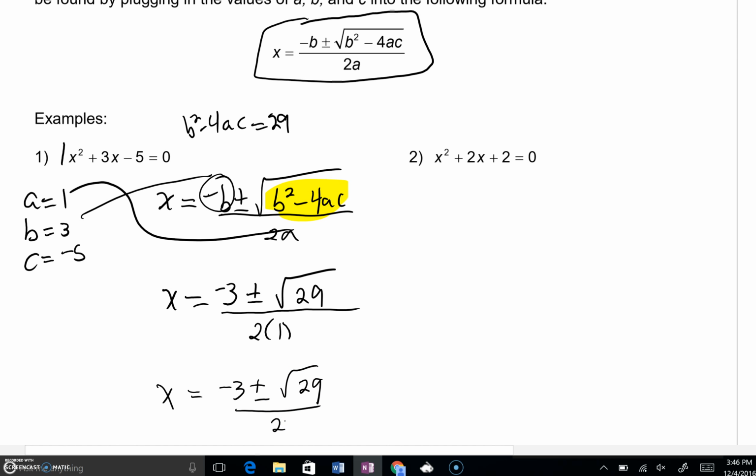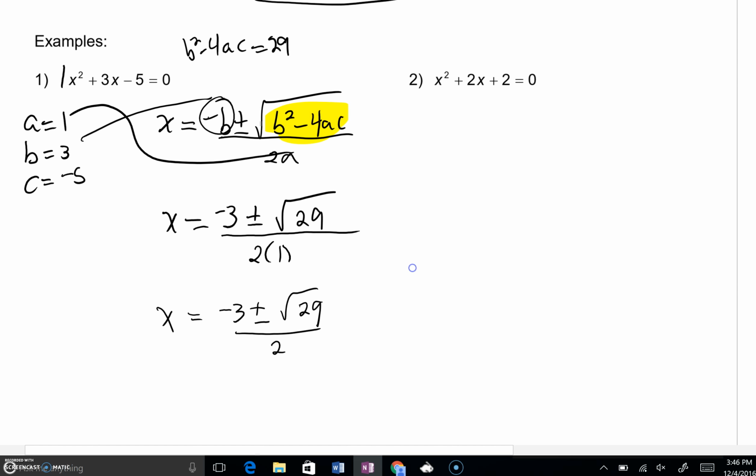If you can reduce your square root, you should. You won't always be able to do that. 29 is actually a prime number, and we can't break that down any further. What you could do, of course, is always break this into 2 separate fractions, much the same way we've been doing with our complex numbers.